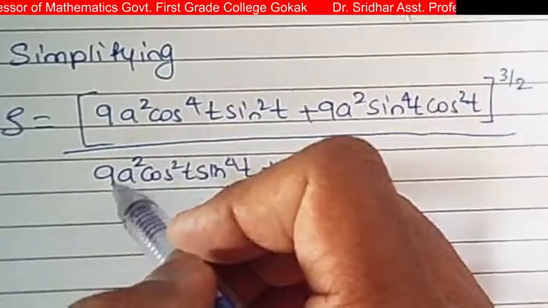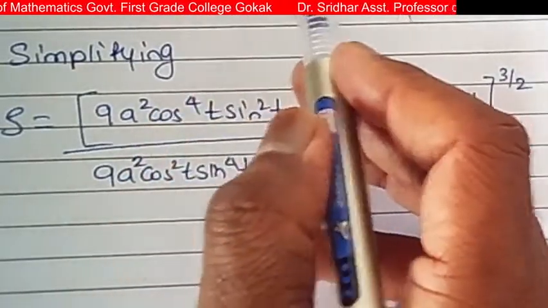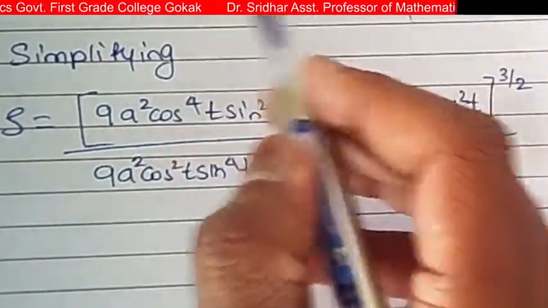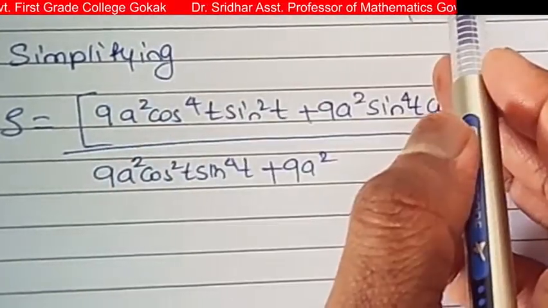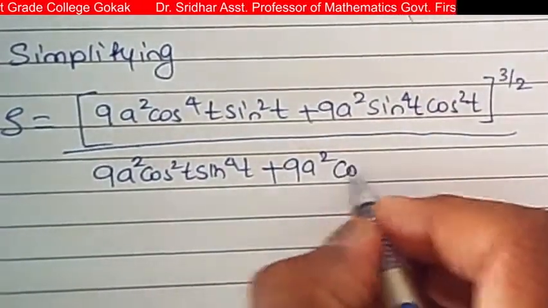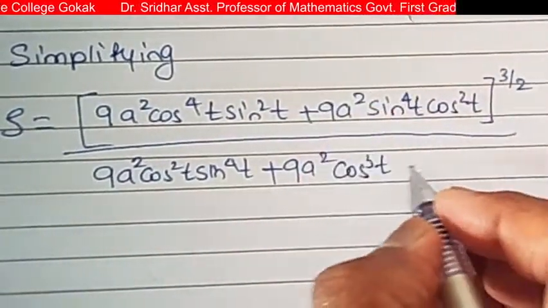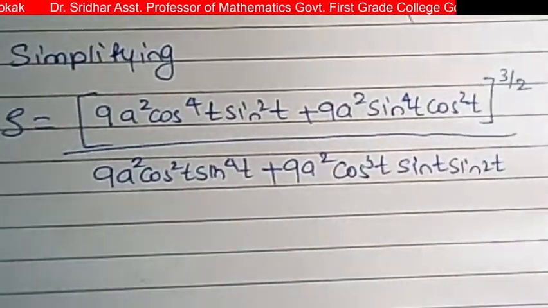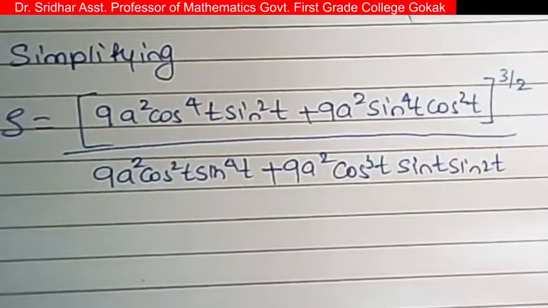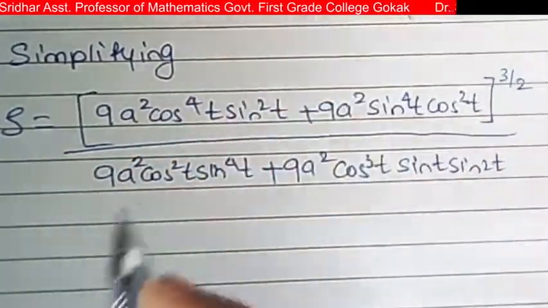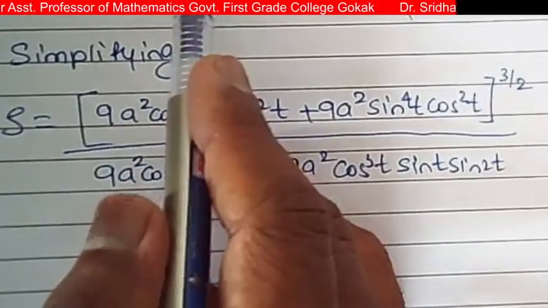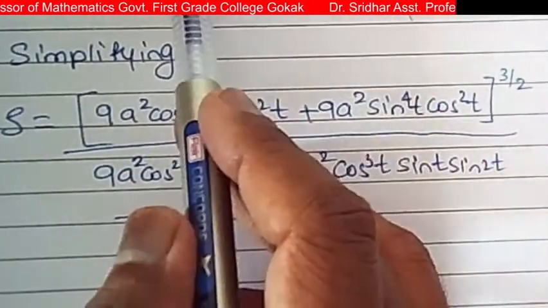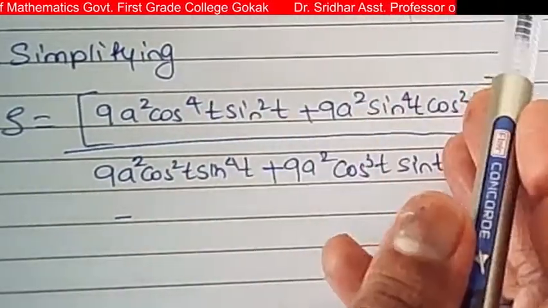Then 9a square, cos square t means it becomes cos cube t into sin t, sin 2t. Okay, sin t sin 2t, next this into this, then minus.